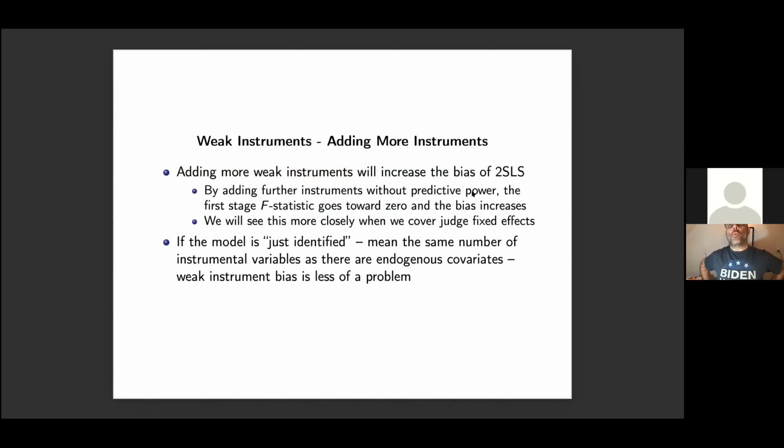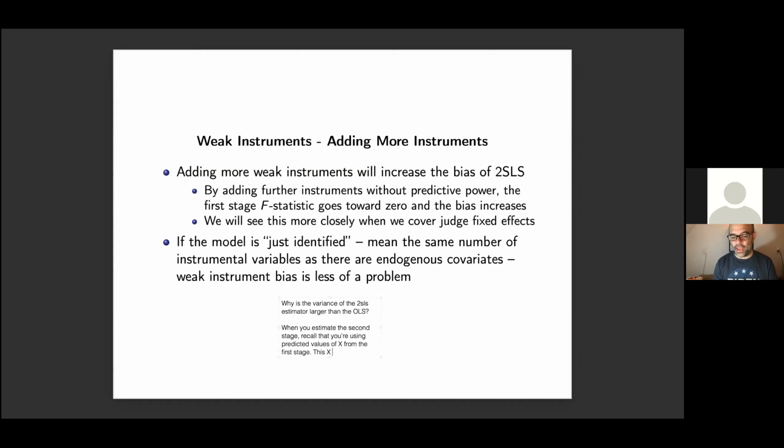Holger, the way that I think about the intuition of the variance being larger is: why is the variance of the two-stage least squares estimator larger than the OLS? When you estimate that first stage, recall that you're using predicted values of X. When you estimate the second stage, you're using predicted values of X from the first stage, right?